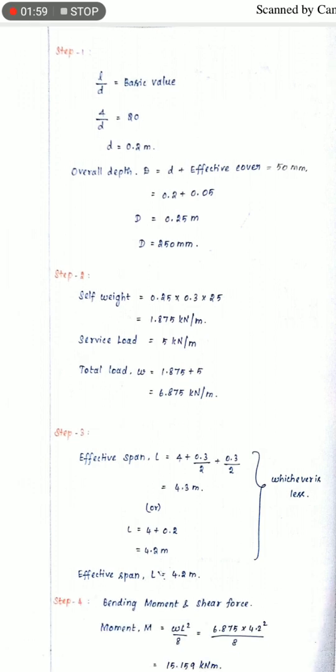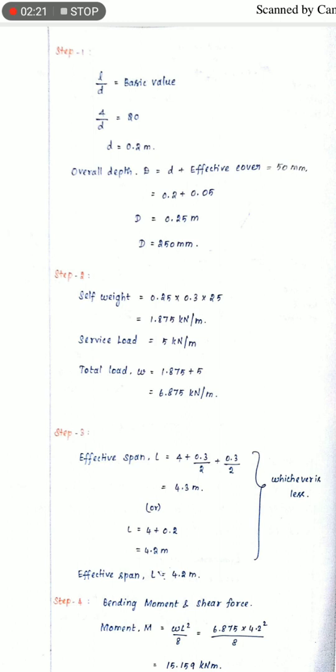What are all the loads to be acted on the corresponding beam? Normally we can take the self weight of the beam and service load, both of the loads we can take for singly reinforced beam.